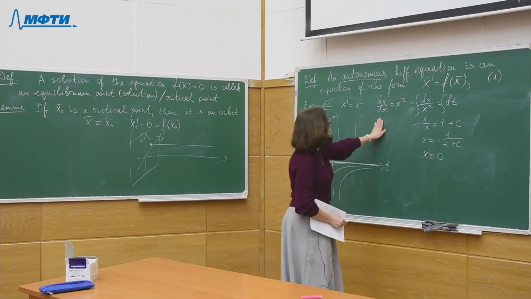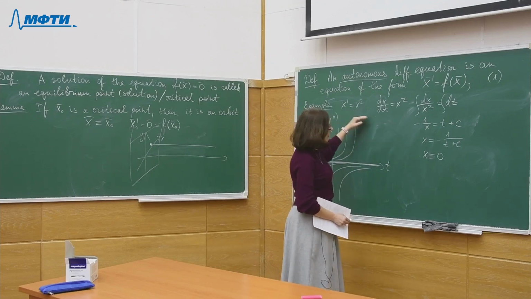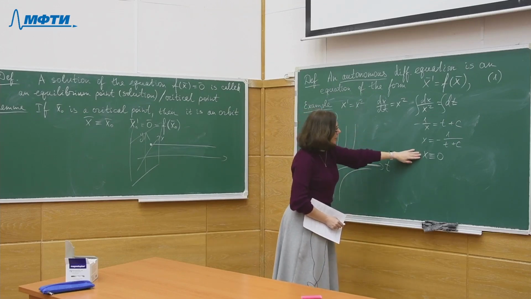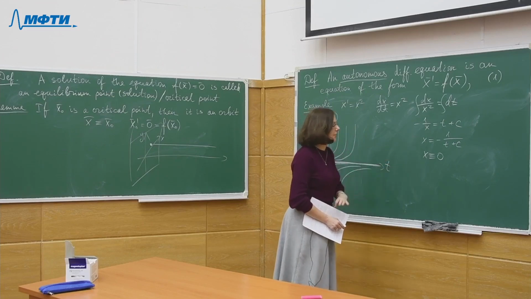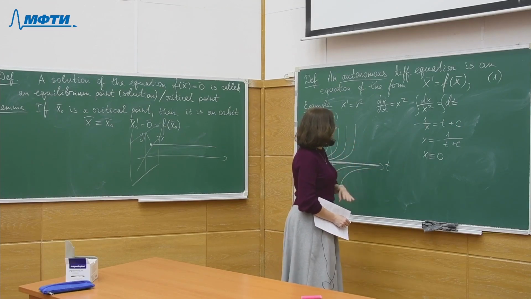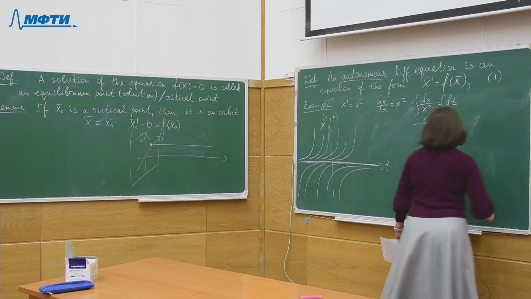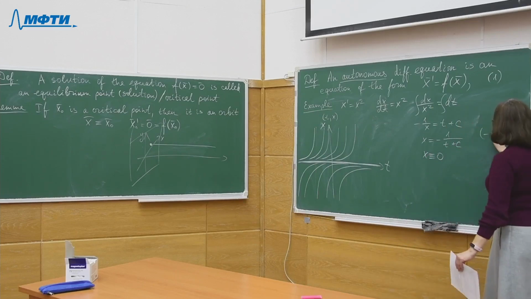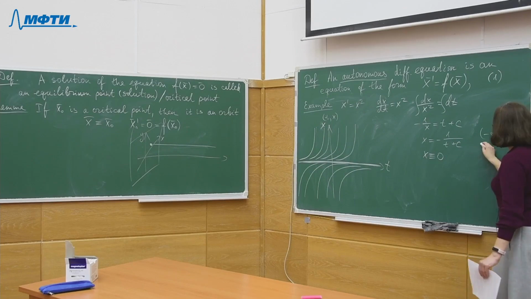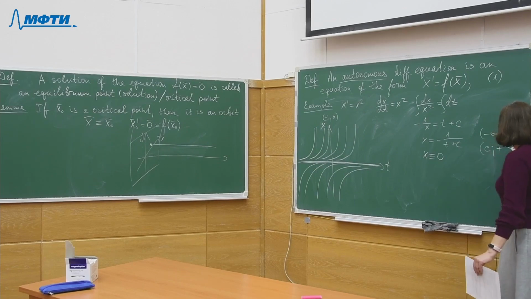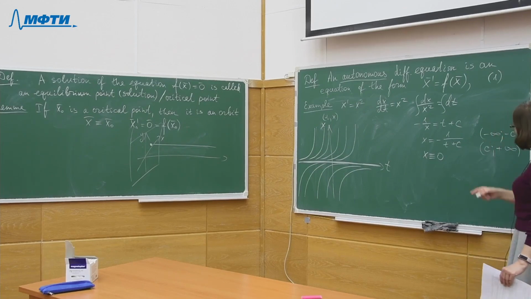We have already considered this example, and we know the maximal intervals for each of these solutions. The maximal intervals will be from negative infinity to negative c, and from negative c to positive infinity.